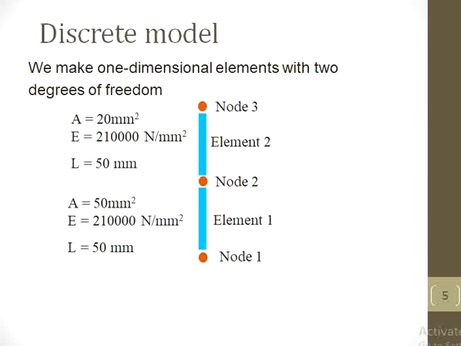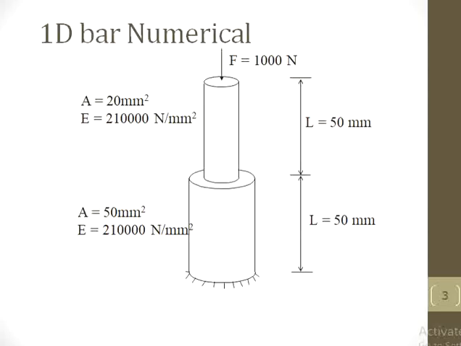From the problem we defined 2 elements and 3 nodes. Each element has 2 nodes. So this is element 1 and element 2, and element 1 has node 1, node 2, and element 2 has node 2 and node 3.